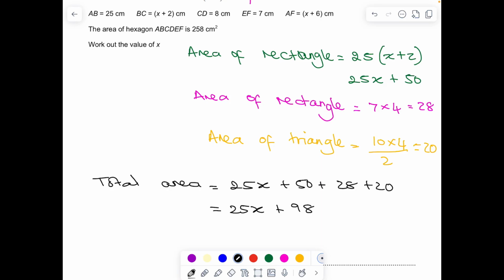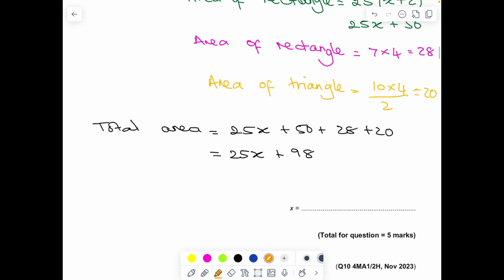Now, it already tells you that the area is 258. So we simply then do an equation where we put 25x plus 98 equals 258.